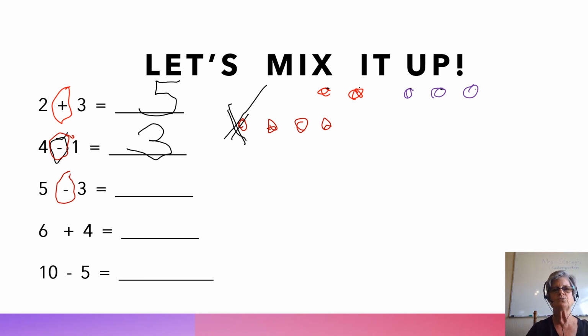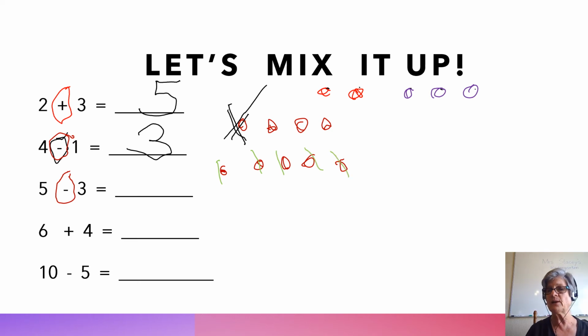So that means we're not going to add things together, we're going to take them away. So our problem will start with 5. So I'm going to make 5 circles. 1, 2, 3, 4, 5. And I count them to make sure I have 5.